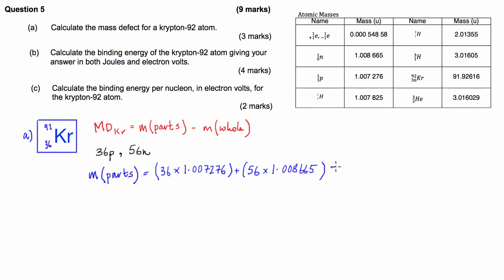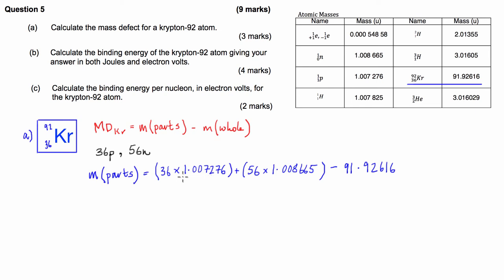So the mass of the whole is going to be equal to 91.92616, because here is our mass of a Krypton atom in atomic mass units right there. So we're going to minus away 91.92616.